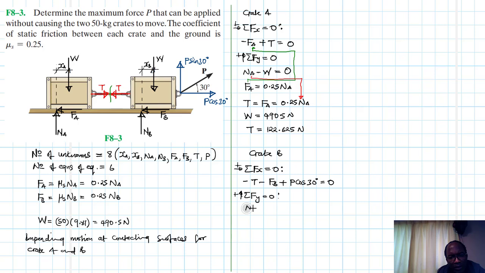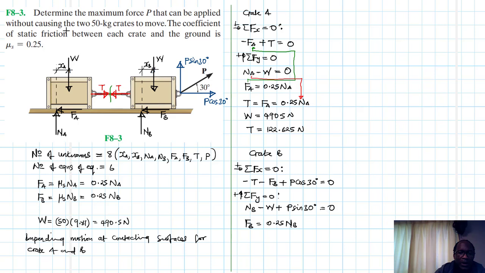So we have NB minus W plus P sine 30 equal to 0. And then we have another equation, which is the friction equation. FB is equal to 0.25 times NB.